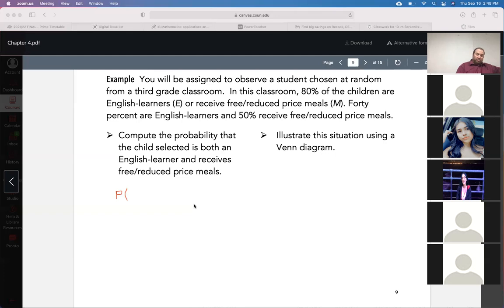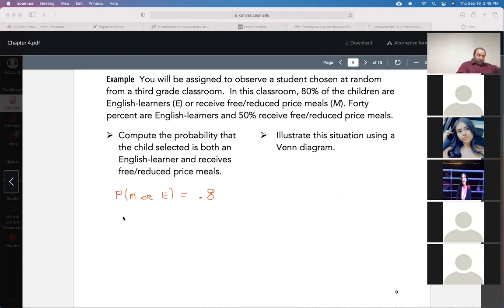Okay, so mathematically, what do I know? The probability of M or E is what? 80%. The very first thing they say is that 80% are either English learners or receive free/reduced price meals, M or E, 0.8. What else do I know? 40% are English learners.